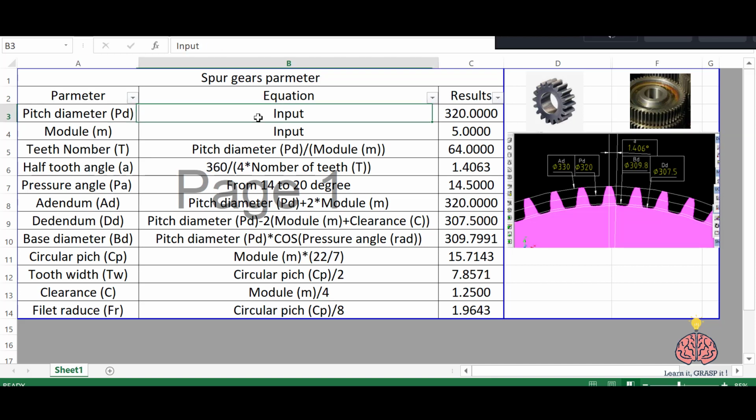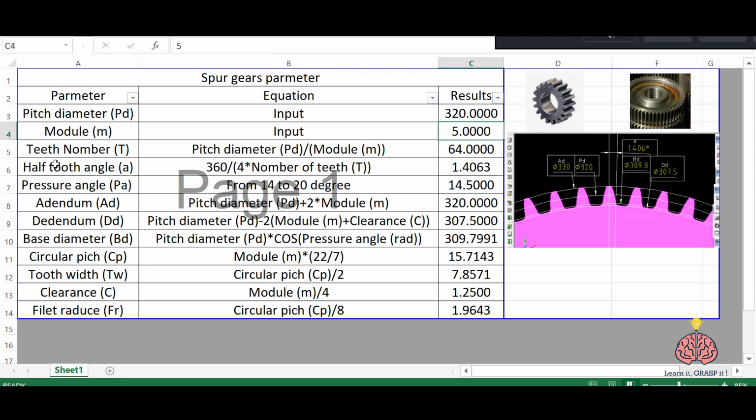This is the first one, and we can compromise between module and teeth number until we reach a suitable module, pitch and teeth number. In our case, we have 320 millimeter pitch diameter, and we can use module equal 4 millimeter.